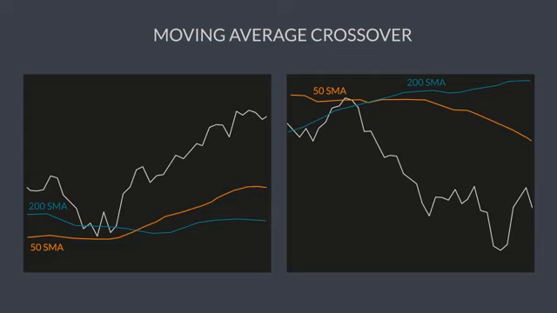If the short-term moving average, for example the 21-day or 50-day moving average, crosses above the long-term moving average, here for example the 100-day or 200-day, then you are in an uptrend and could indicate a buying signal. Conversely, if the short-term moving average goes under the long-term moving average, it's in a downtrend and it could indicate it's a sell signal.